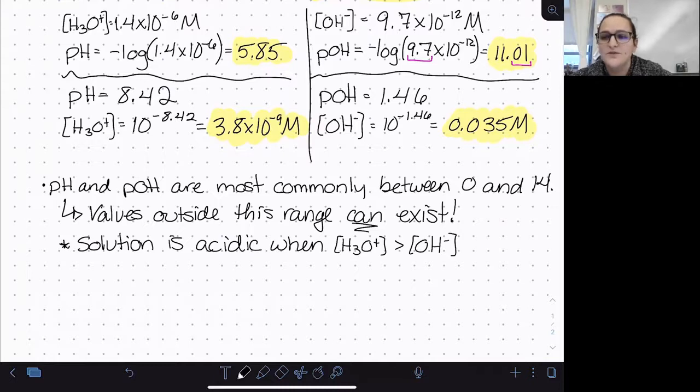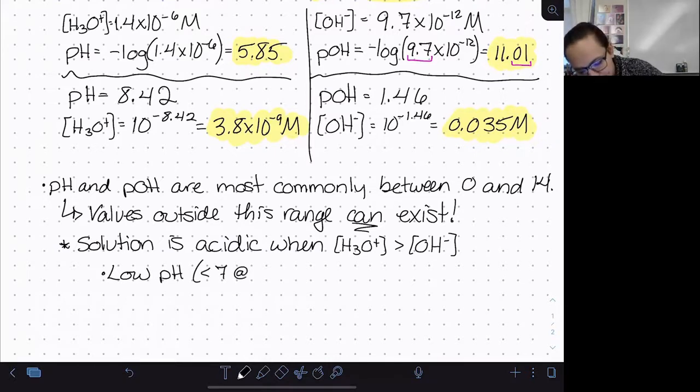We have more acidic stuff than basic stuff, so the solution is acidic, regardless of what your pH is. So low pH, specifically less than 7 if we're at 25 degrees Celsius, which is where we will do most of our practice, represents an acidic solution.